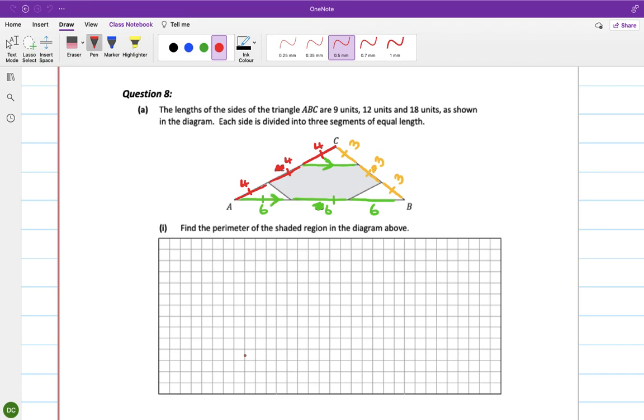So they're the same. That means these angles are the same. And then you can do the same thing. So they're corresponding. You can do the same thing here.